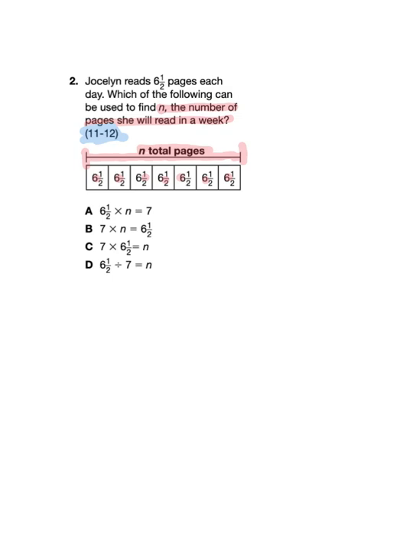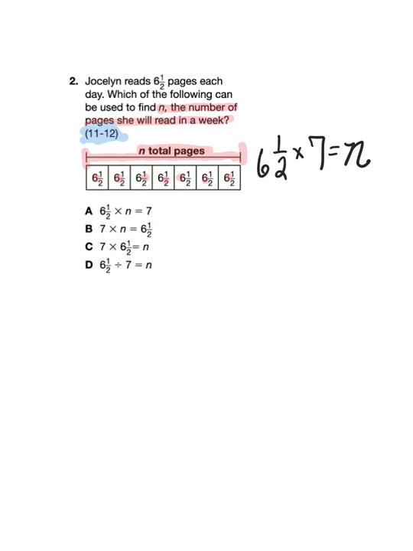Now, a more efficient way to represent that would be by multiplying 6.5 pages each day times 7 days in a week for a total of n, the total pages Jocelyn read all week long.